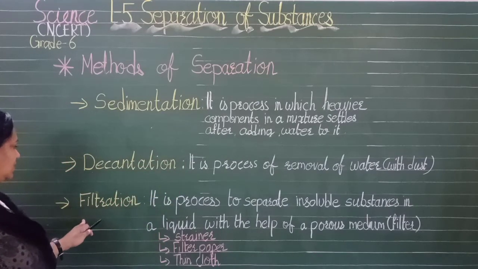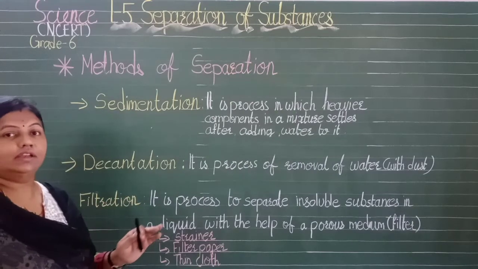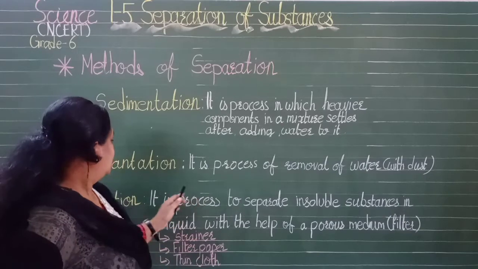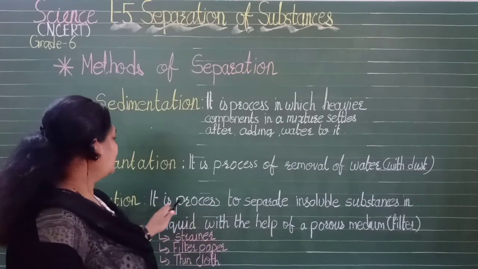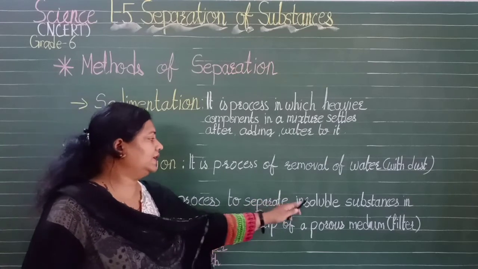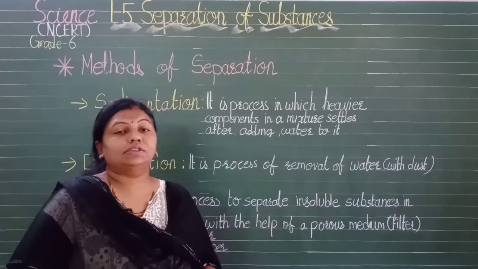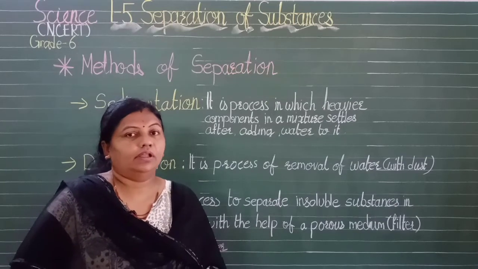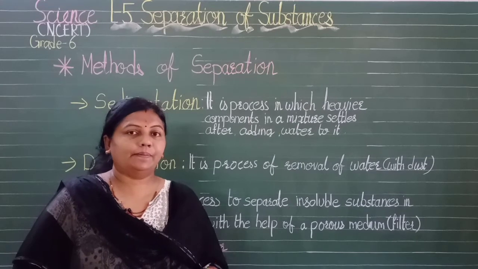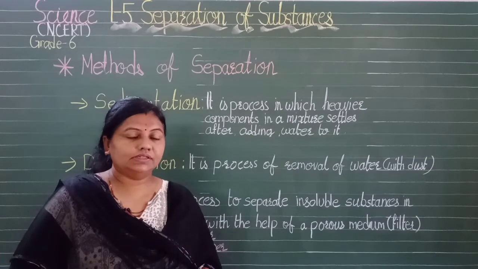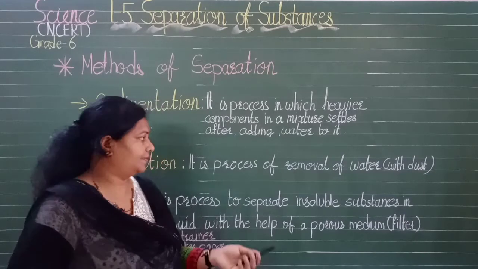Our next process is filtration. Now you know very well it is an easy process. Where is this process used? It is the process to separate insoluble substances. When the substances are not soluble and impurities are there, we have already seen the example of tea, that tea leaves are separated by filtration.